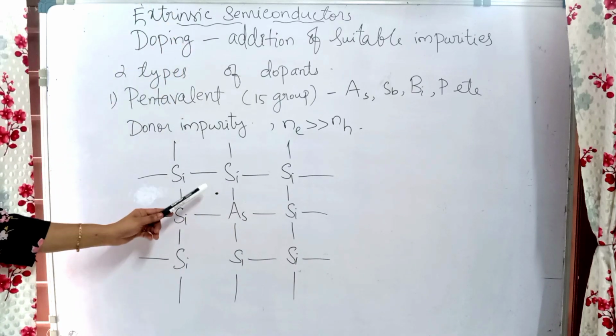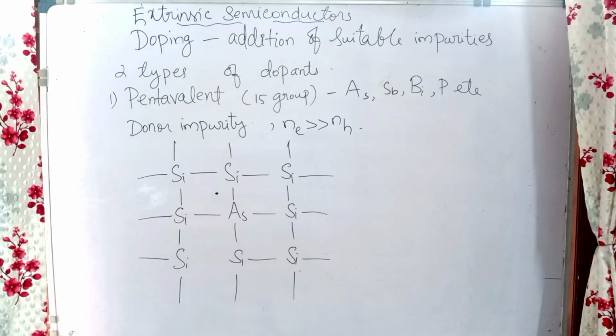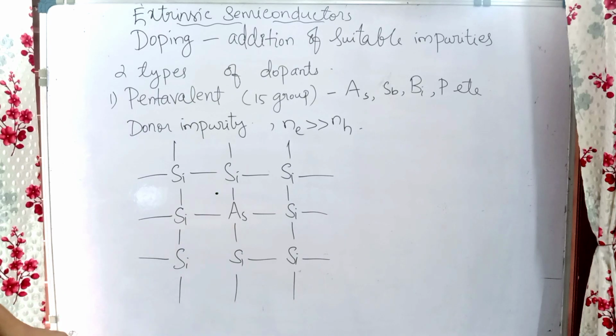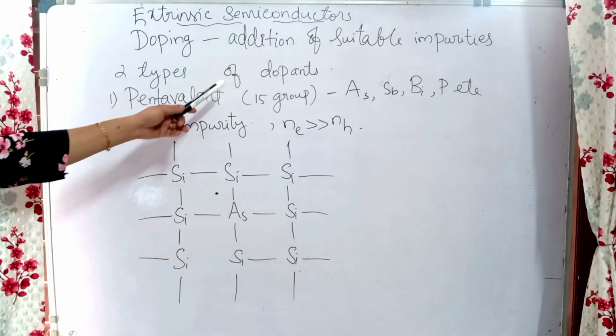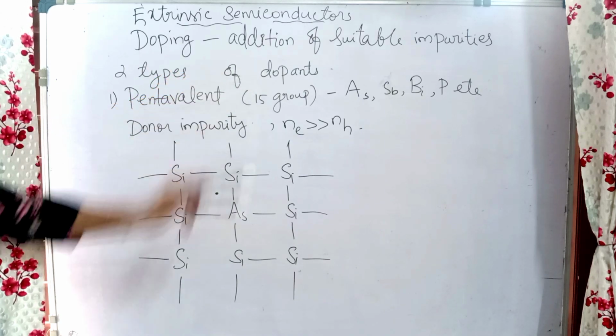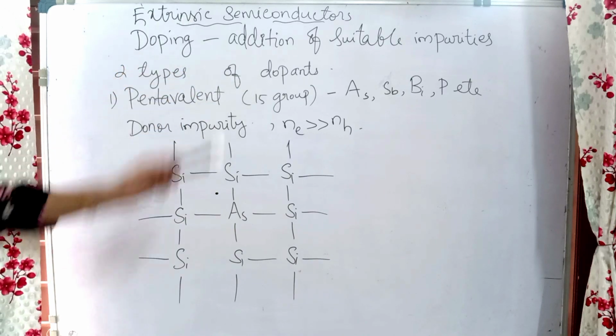Here we add a type of impurity, and it depends on the dopants. Dopant means the impurity atoms are called dopants. So depending upon the dopant, there are two types of extrinsic semiconductors.